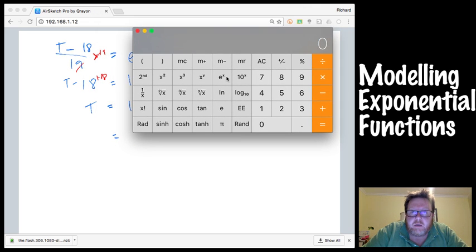You can see I've got an e to the power of x button. I've just got to be careful how I use it. On your calculator, you would just do it in order: you go 19 times e, press the e to the power of button, and then press negative 0.7. But I've got to do it in a slightly different order here. So 19 times, I've got to put the 0.7 in first, make it negative, and use e to the power of x on it.